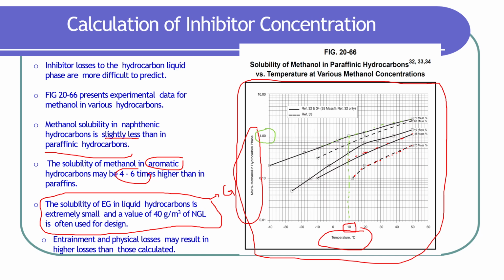So for each 1 mole of the hydrocarbons, I will have 1 mole of methanol dissolved in that material, if I'm using an inhibitor with a methanol concentration of approximately 70%. But you have to keep in mind always that this chart is based on experimental data.